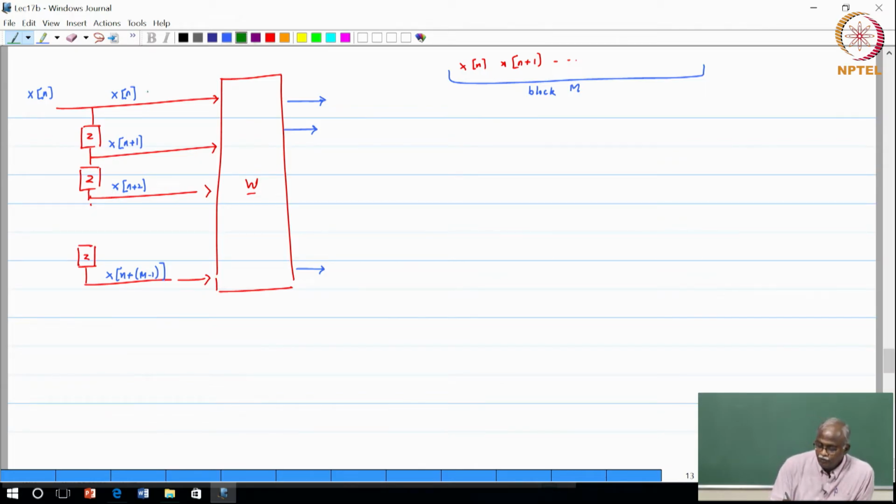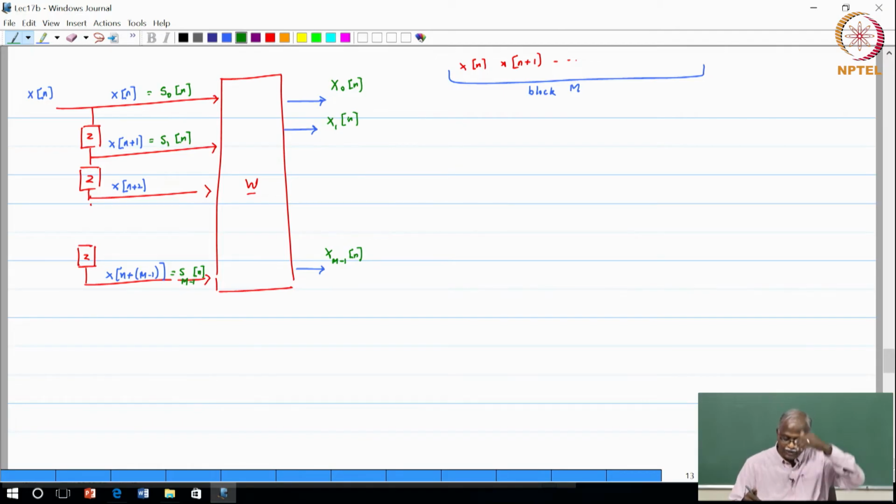Now, like before, for systematic approach, label this as S naught of n, this as S1 of n, and this as Sm minus 1 of n. Okay. Outputs, let me call this x0 of n, x1 of n, xm minus 1 of n.